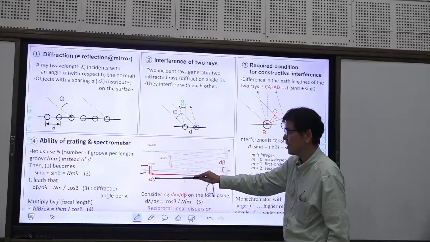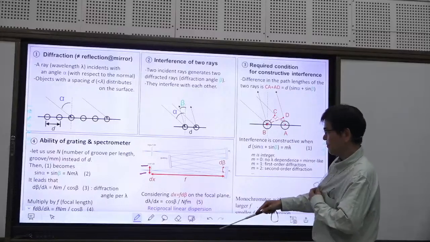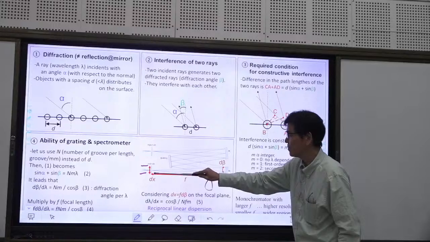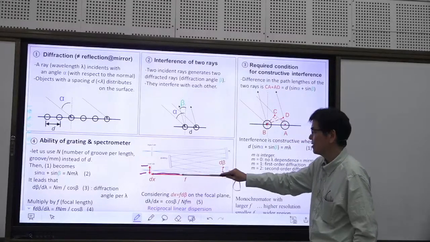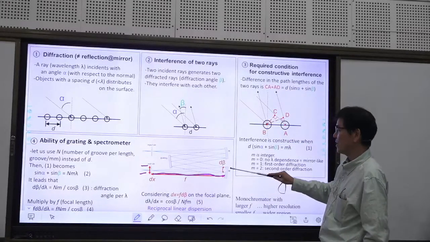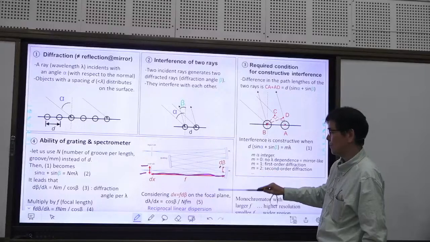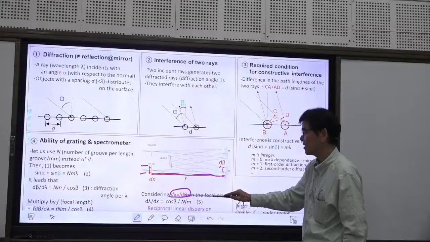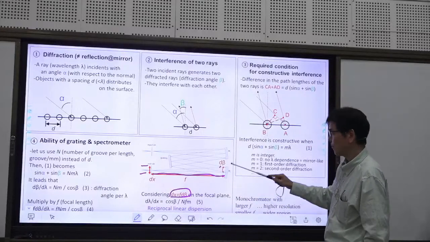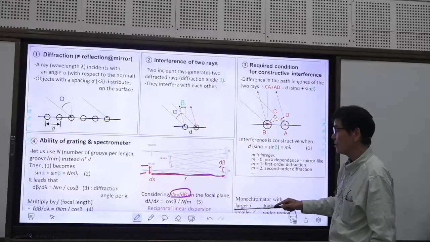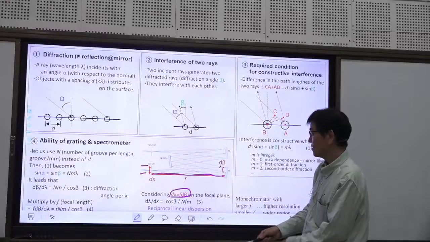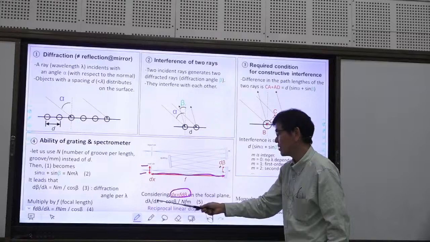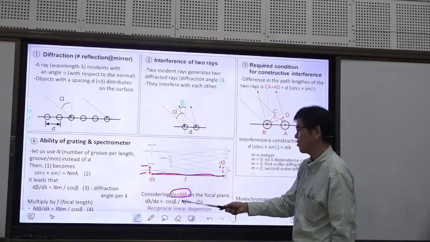That is dx. Then dx is calculated by considering the radius f and small angle dβ. So there is a relationship dx is equal to f dβ. Then this equation becomes dλ/dx is equal to cosine beta over nmf.